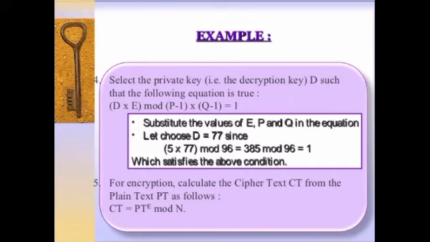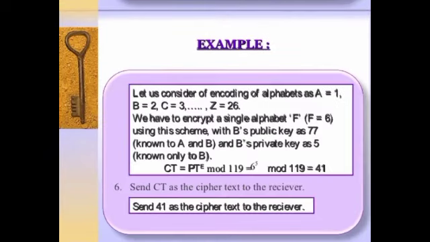Next, for encryption, calculate the ciphertext CT from the plain text PT as follows. CT is equal to PT to the power of E mod n. Let us consider the encoding of alphabets as A equal to 1, B equal to 2, C equal to 3, and Z equal to 26.